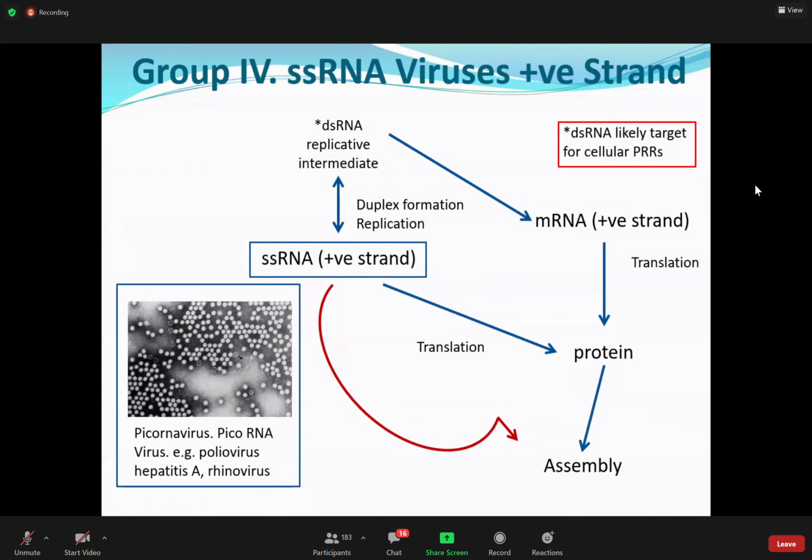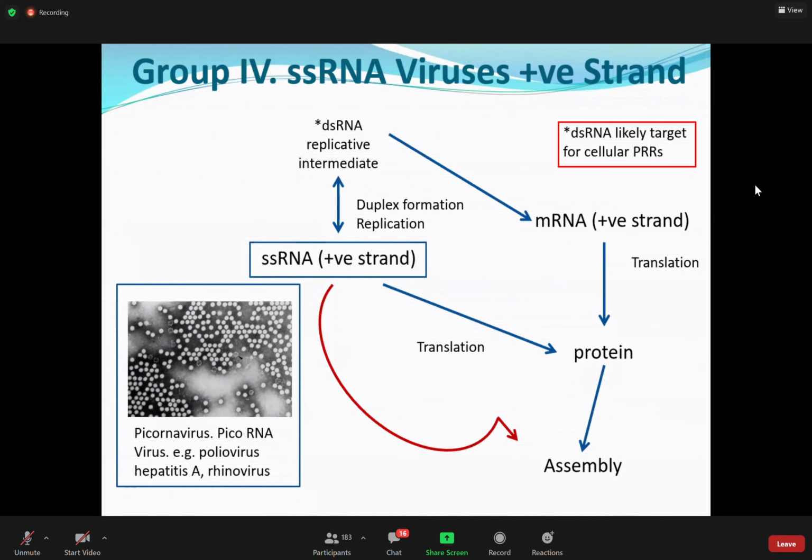So once the virus infects a cell, that positive strand can get translated into a protein. In this case, the first protein being this RNA-dependent RNA polymerase.